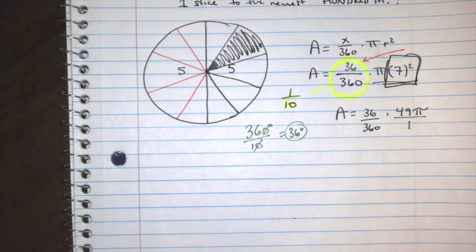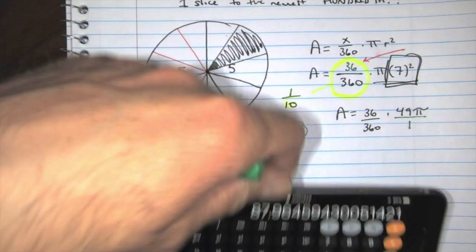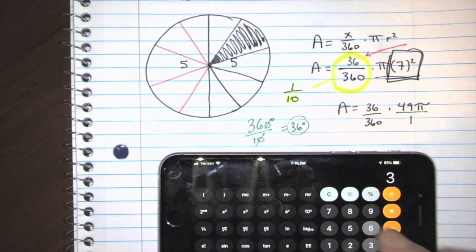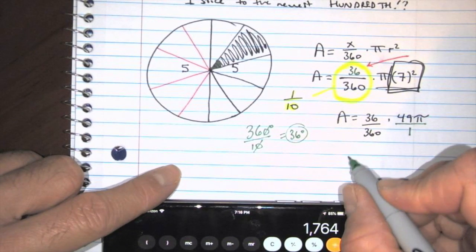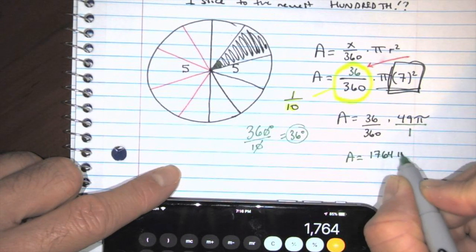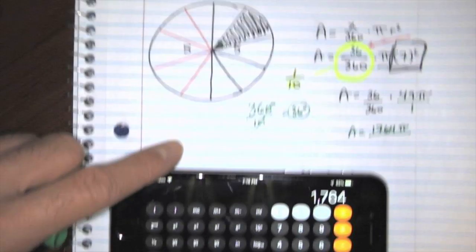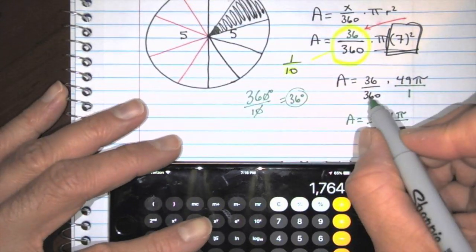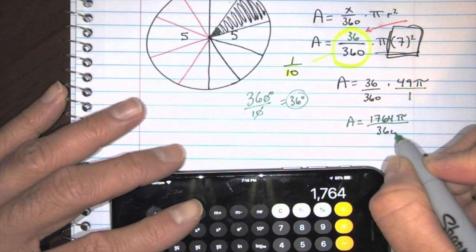So really you're going to get... I gotta turn my calculator back on. So let's do that. 36 on top times the 49 on top. So I'm going slow, everybody. I'm going super slow. So on top we have 1764 pi all over 360 times 1. I don't need a calculator for that.